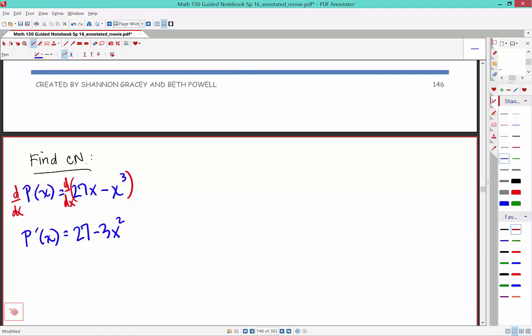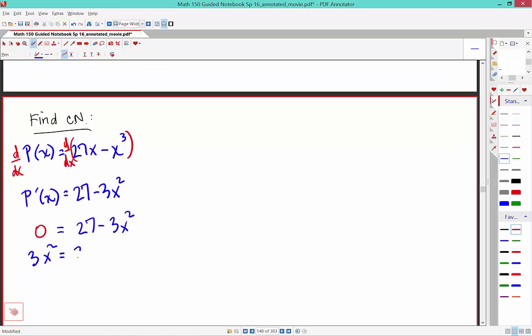Good so far? And then how did we find the critical numbers? Beautiful. We set the derivative function equal to 0 and solve. So we'll get 3x squared is equal to 27. Dividing by 3, we'll get x squared is 9. And square rooting, we'll get x is plus or minus 3.